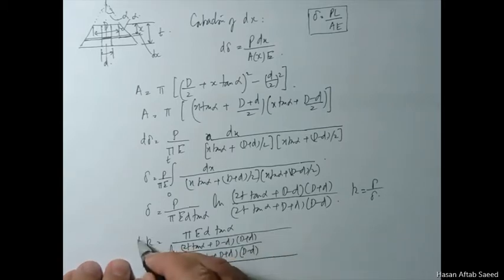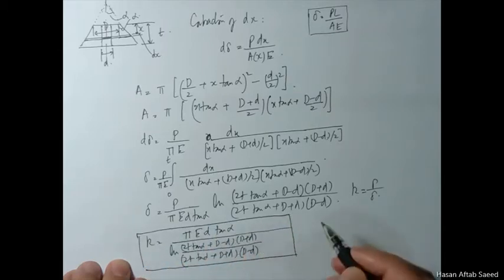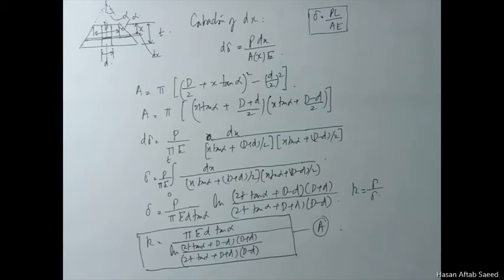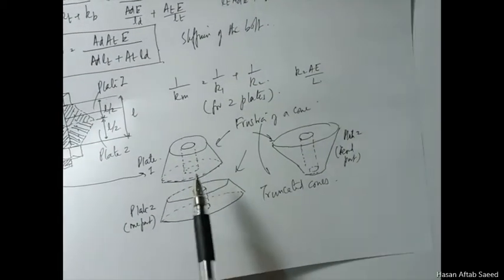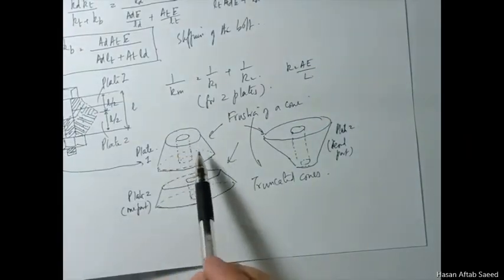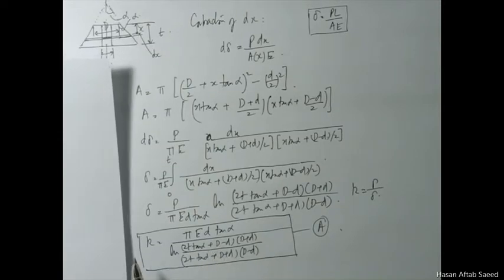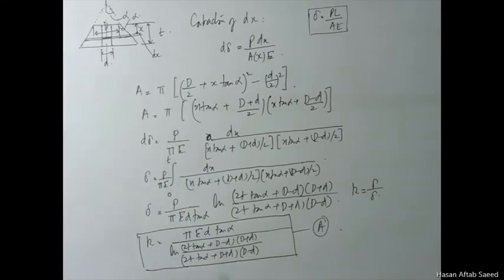This is your first expression for k. What we are talking about here is the expression for k for one frustum. Now there are more than one, and we'll see what happens. But this is the main expression.